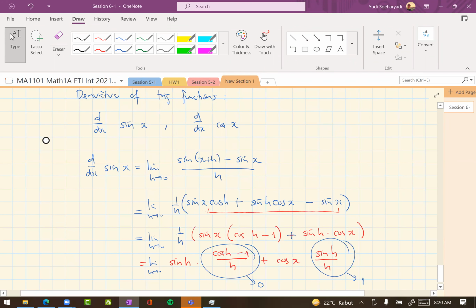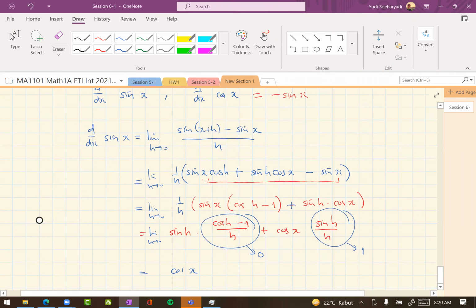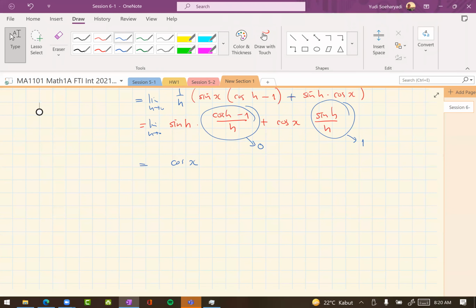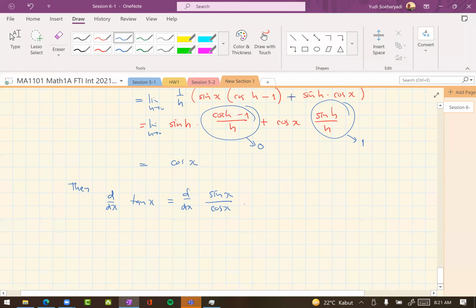Well, if you compute this, just an exercise for you, you get negative sine. Okay, compute this. Then we can compute. Tan is just sine over cosine.